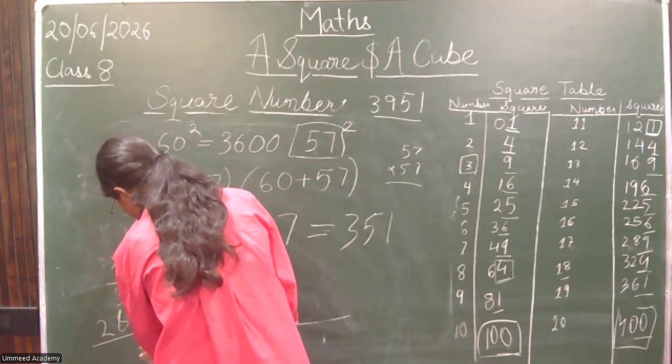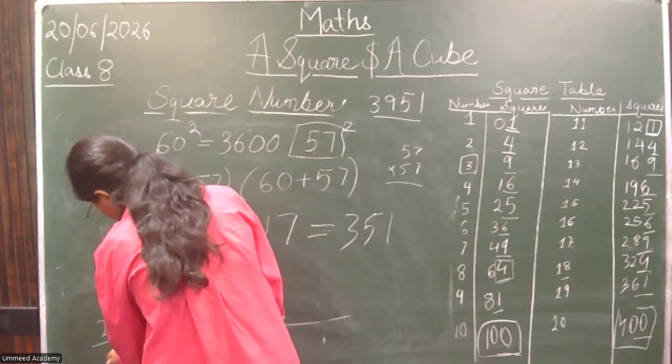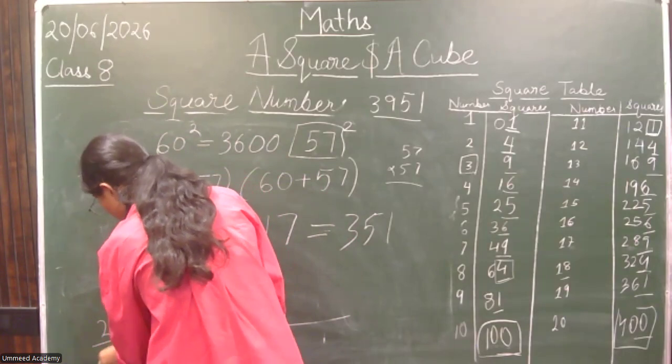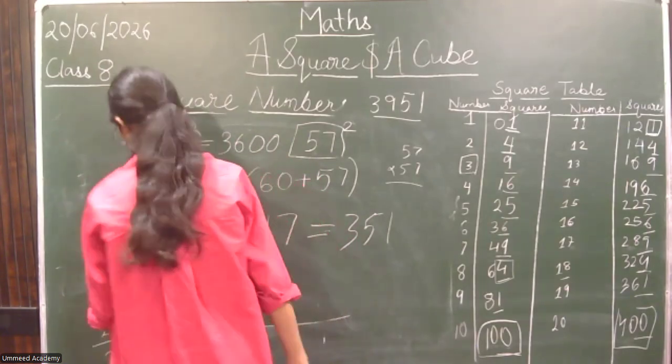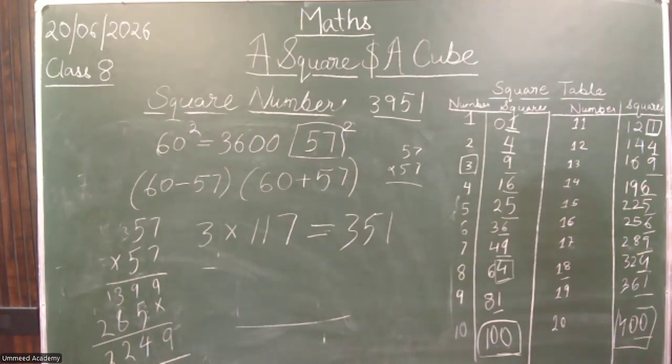Miss, 3249. Yes, 3249. I am also getting it as 3249.